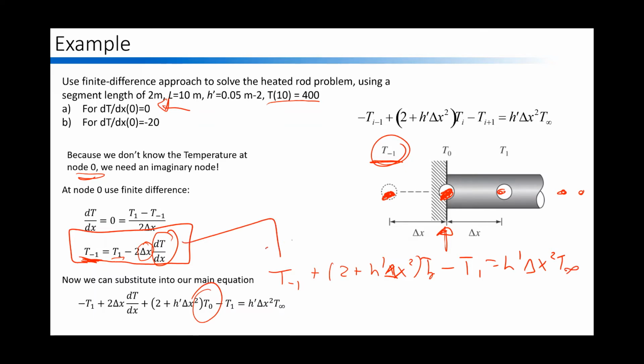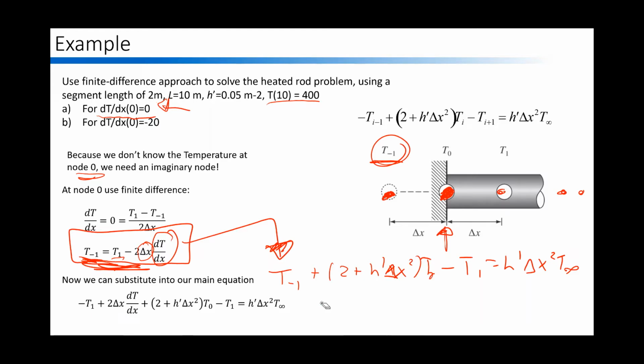I can use that finite difference to substitute in here, and I'll end up with this equation. In essence, we use that main finite difference equation at point 0, but we use the Neumann condition and the definition of a finite difference to solve for that minus 1 imaginary point.